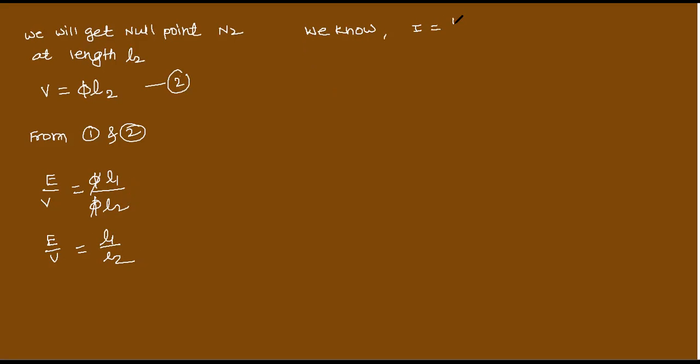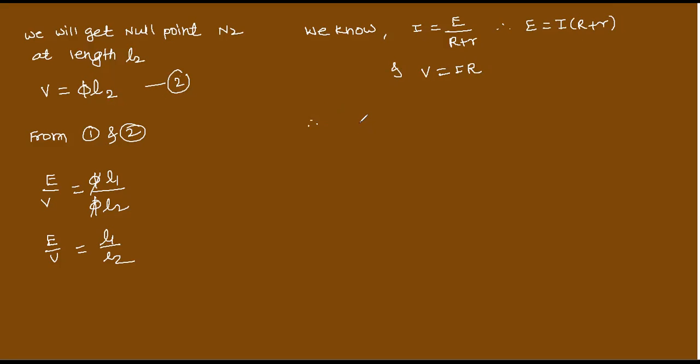I is equal to E divided by R plus r. Therefore, E is equal to I into R plus small r. And V is equal to I into R, right?